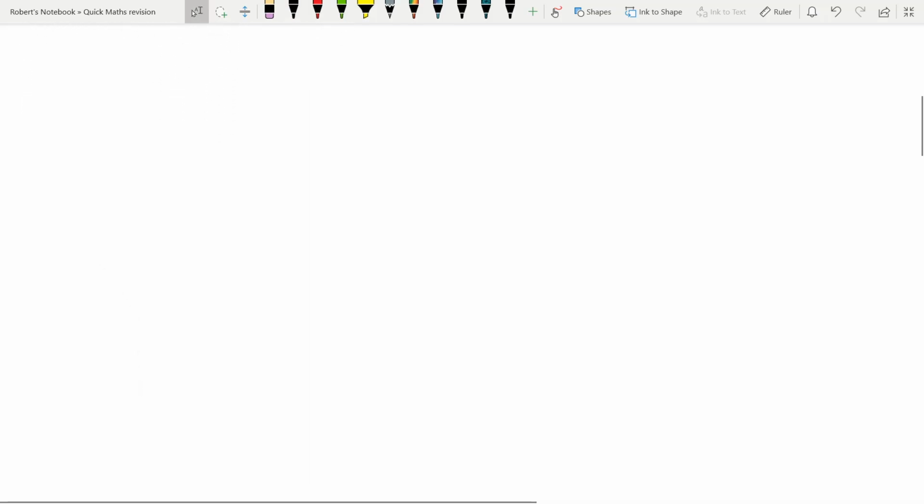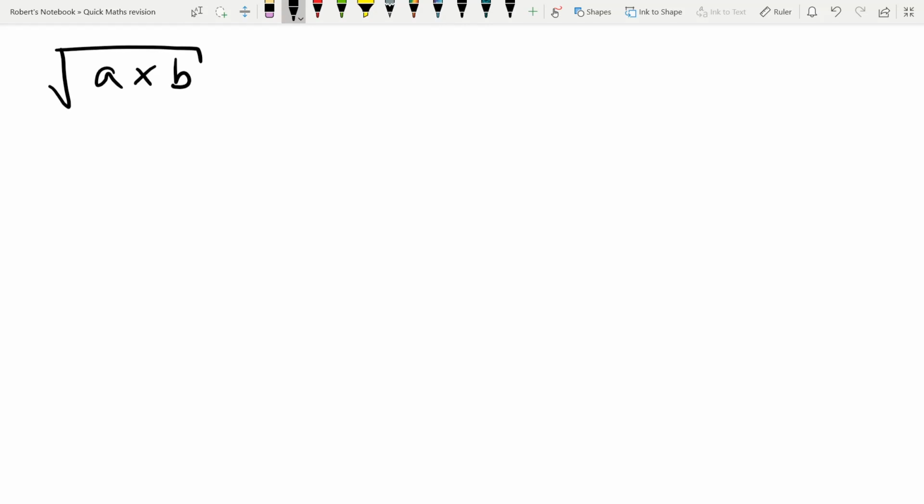So before we can work with surds, we need to learn the key rule when it comes to simplifying surds, which is that if we have the square root of a times b, where a and b are any two numbers, we can write that as the square root of a multiplied by the square root of b. So it might look a bit confusing, but all we do is replace a and b with any two numbers we want.